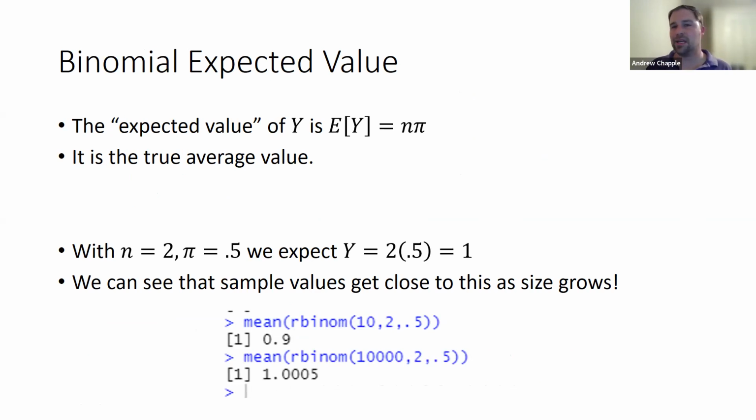That is basically saying, if I flip 2 coins, how many heads do I expect to get? It's the number of coins times the probability of getting a heads. So in a fair coin case, I have 2 coins with a probability of heads of 0.5. I expect to get about 1 heads each time that I run. It's random still, but that's what I expect.